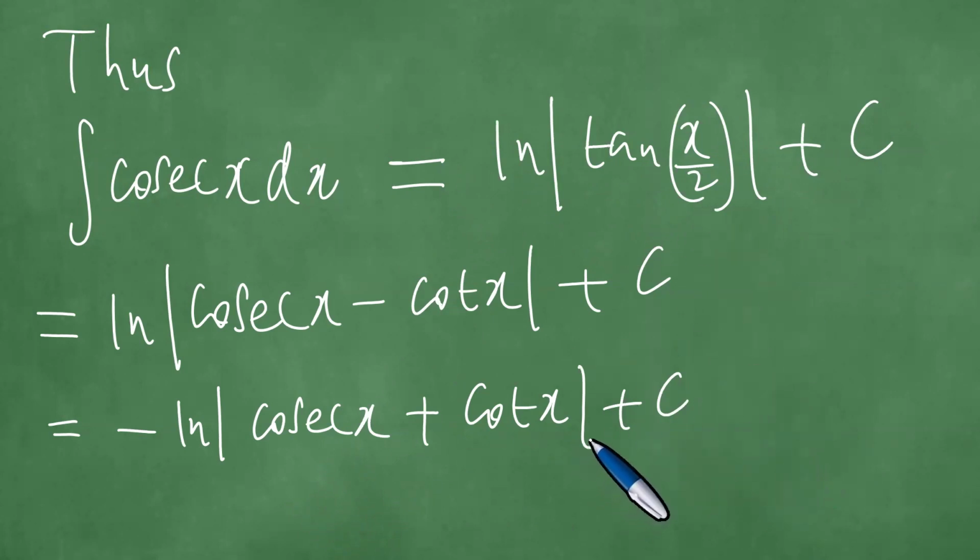So in other words, the integral of the cosecant of x dx is the natural log of the modulus of the tangent of x over 2 plus c. Or this integral is also equal to the natural log of the cosecant of x minus the cotangent of x plus c. Or it is minus the natural log of the cosecant of x plus the cotangent of x plus c.